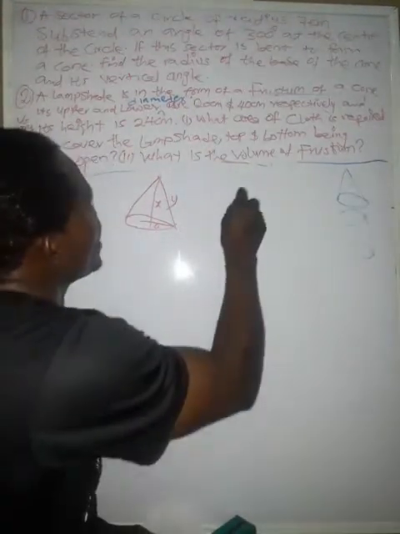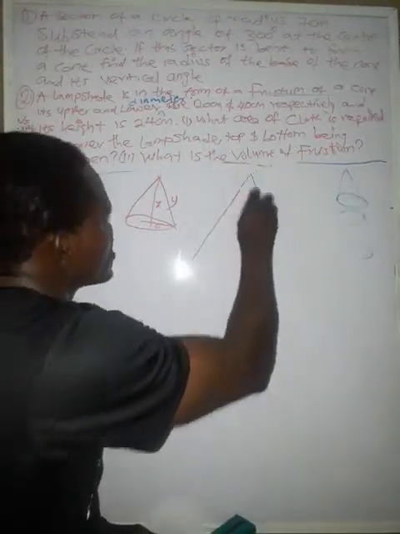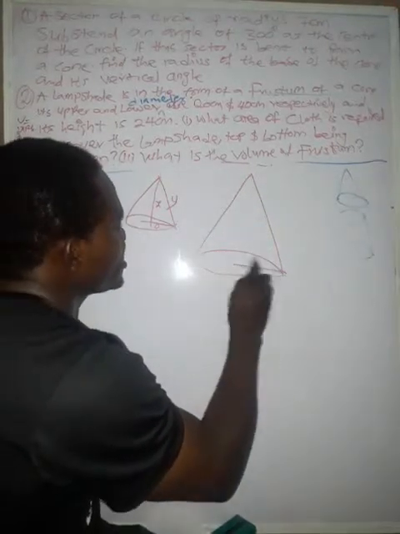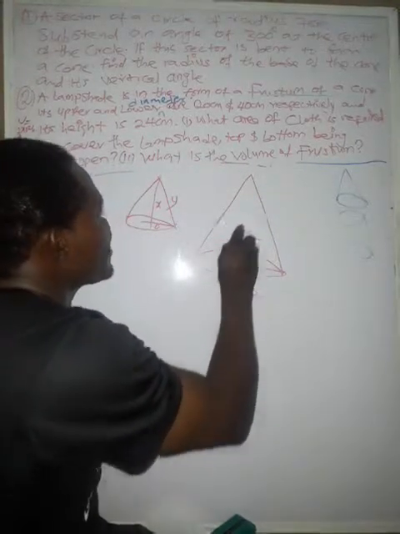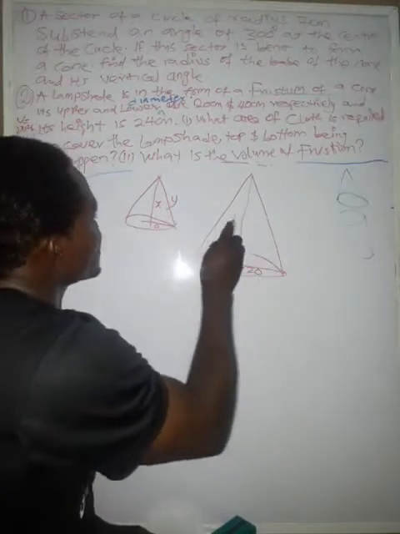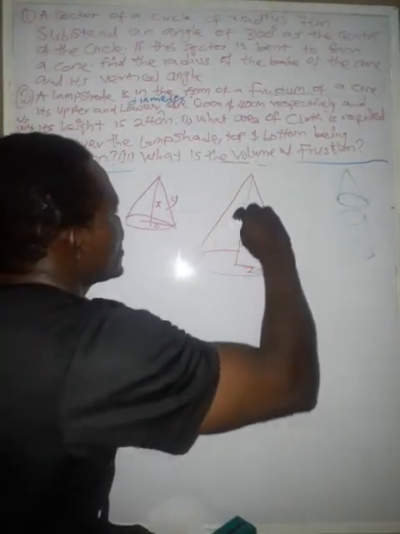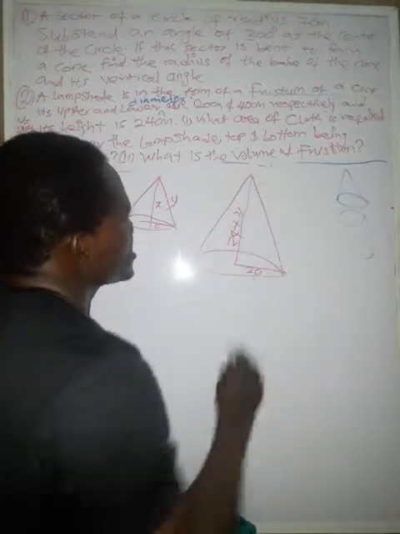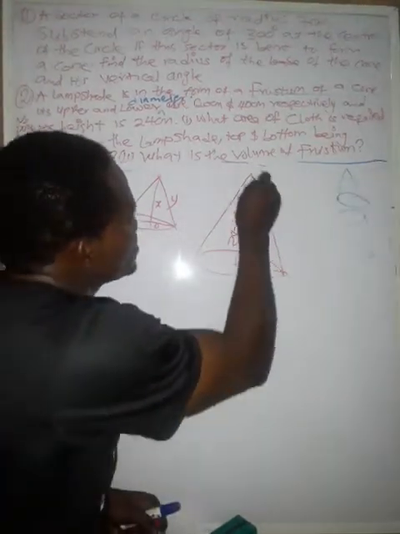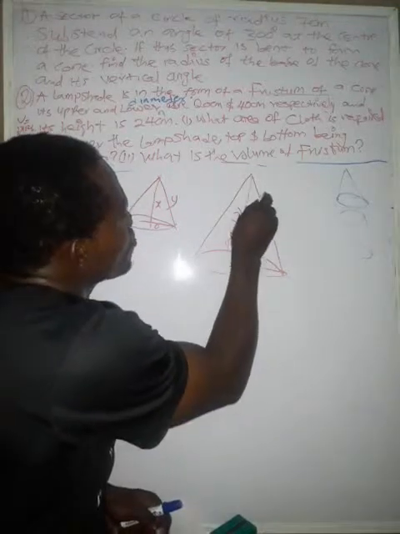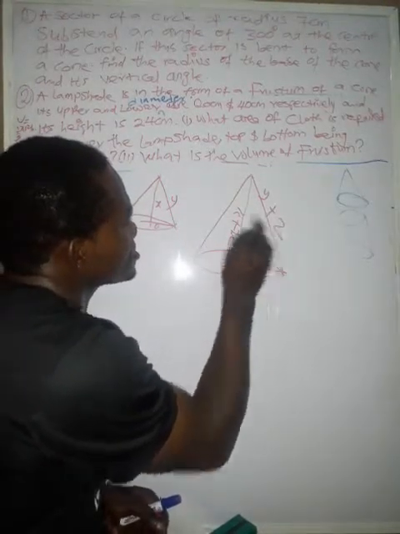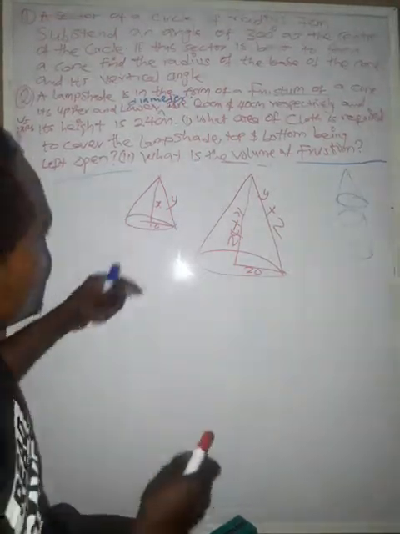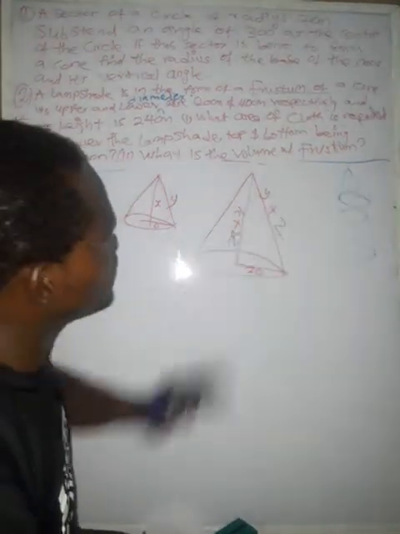I'm having something like this now. From here to here, here is 20. I will now have the height as X, that is 24 plus X. That is the height. So I will now have the whole from here to here to be Y plus Z. You see now?